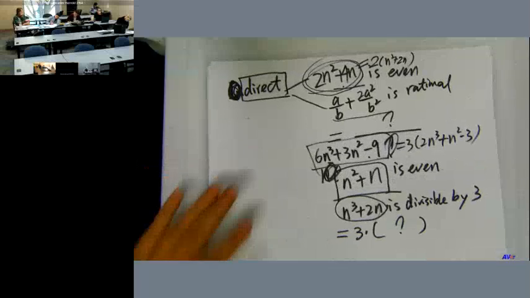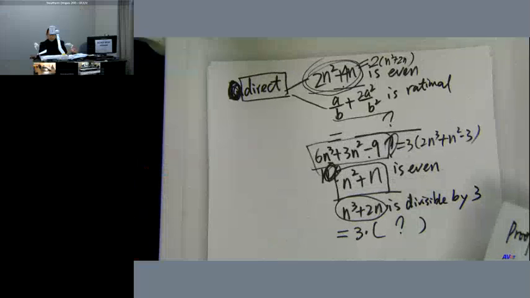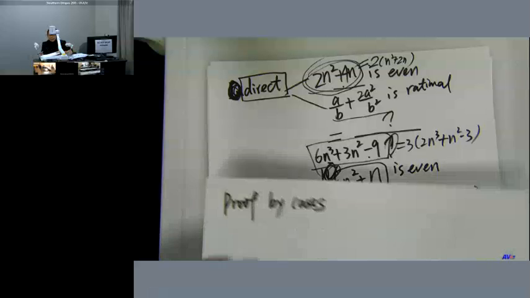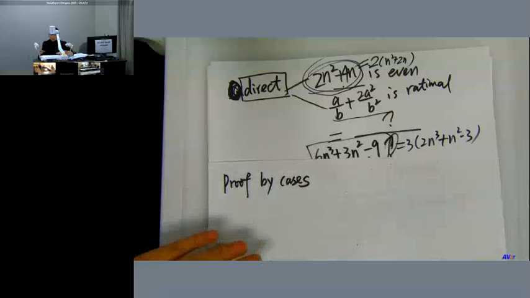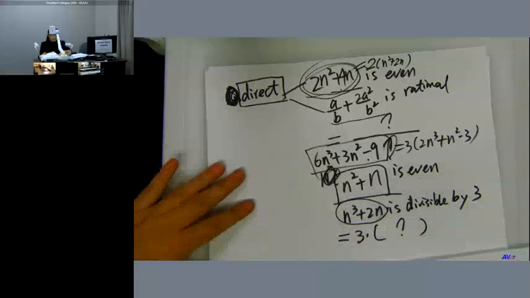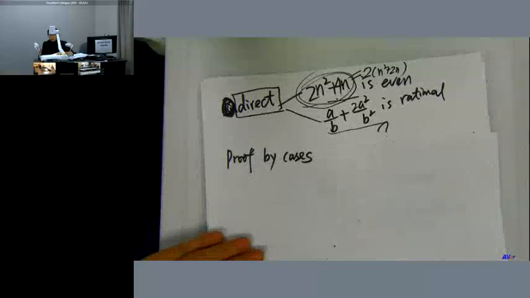Okay, which cases do I have? How many cases do I have to do? It depends, right? If you need to factor out a 2, most likely you do 2 cases, even or odd, right? But if you want to prove it divisible by 3, most likely you have to do 3 cases. Which are the 3 cases? Multiple of 3, multiple of 3 plus 1, multiple of 3 plus 2.